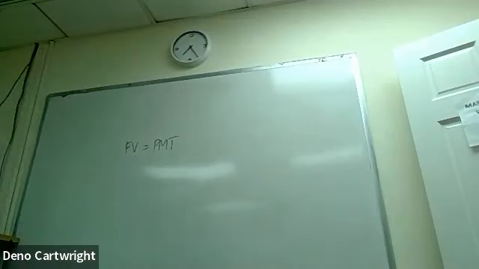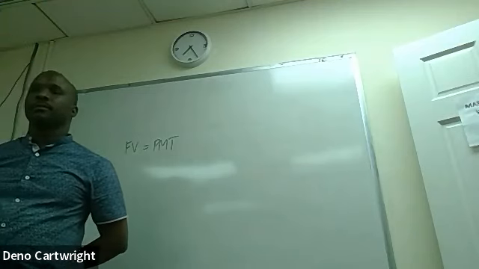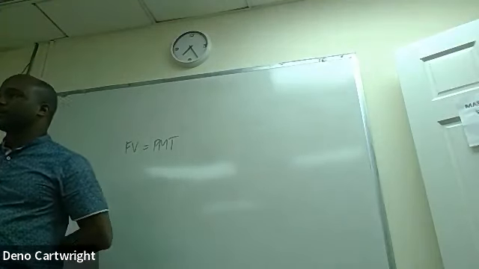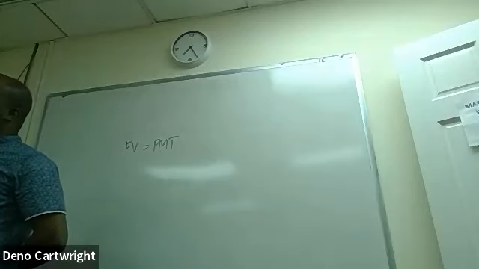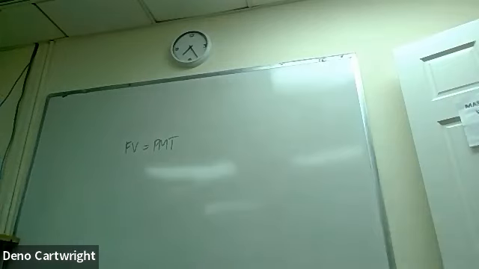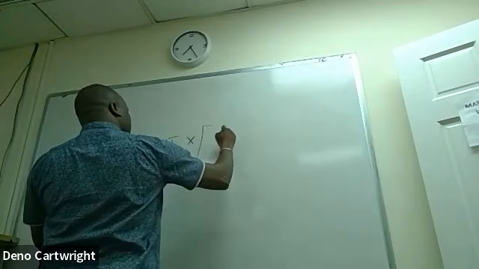So why would you be looking for a future value of an annuity stream? Why would you want to know the future value of an annuity stream? Let me finish, give you this.